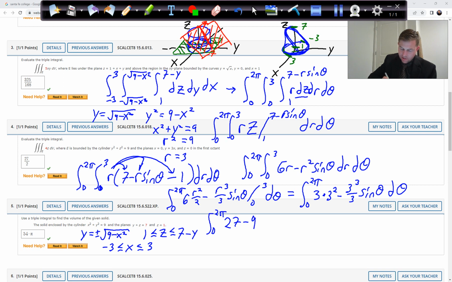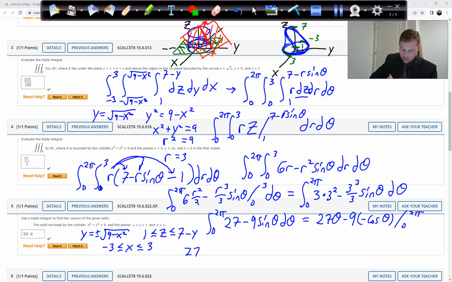27 over 3 is 9, so 27 minus 9 sine theta with respect to theta would give us 27 theta minus 9. Antiderivative of sine theta is cosine theta, from 0 to 2 pi.